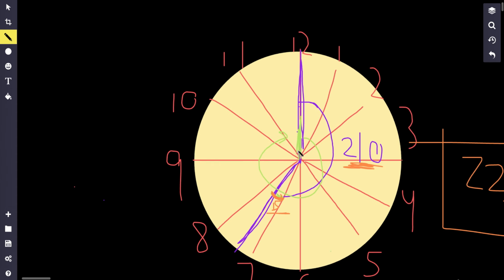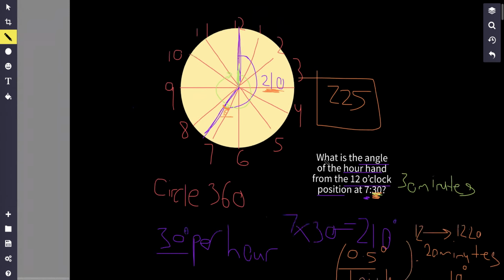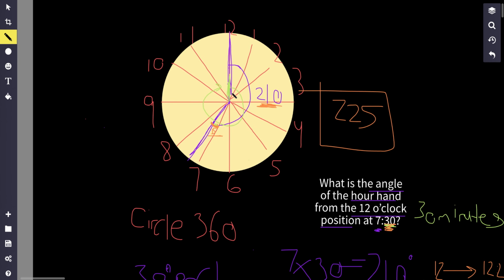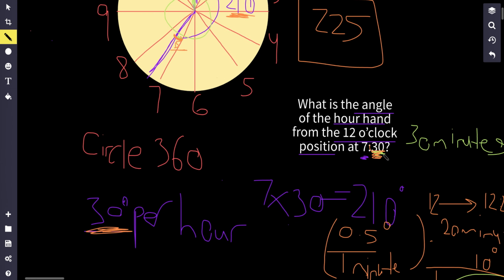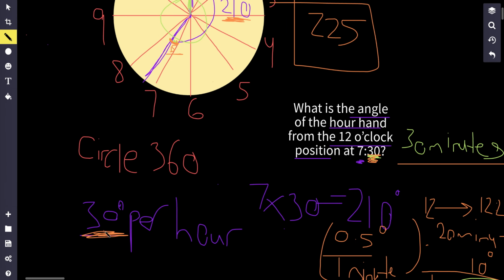I mean, this also makes sense logically. Some of y'all might have done this problem logically, and said, okay, we know that every hour our hour hand goes 30 degrees. Now 7:30, 30 minutes, that's half an hour. And if it's half an hour, then it has to be half the angle.